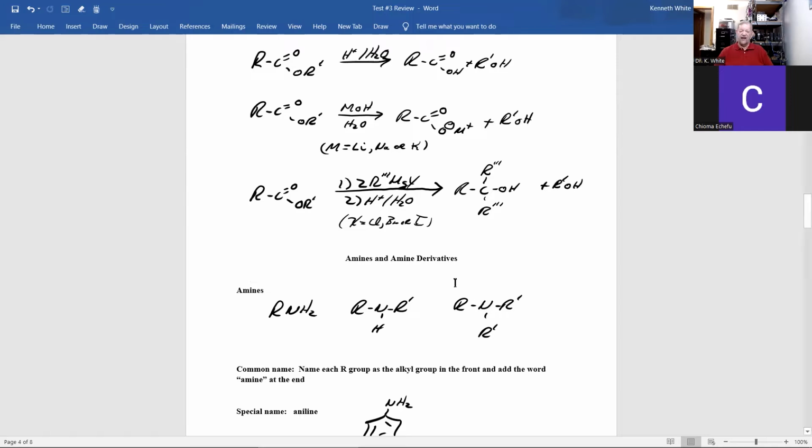Second step, acid and water. Keep your eye on the carbonyl carbon. The R group's still there. Carbonyl becomes an alcohol, and you have not one, but 2 carbon-carbon single bonds you've created to that carbon with the 2 R groups of the Grignard. And this part here becomes this alcohol there.